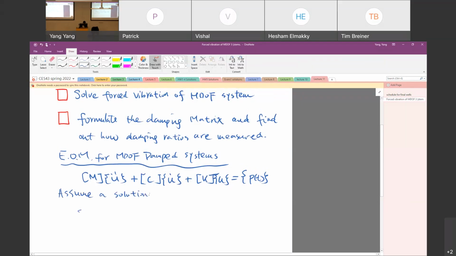You can assume that the displacement vector is equal to the sum over i of phi i times y sub i of t.